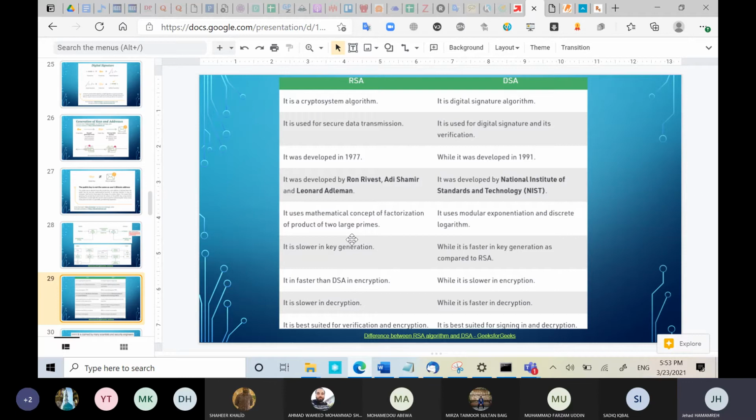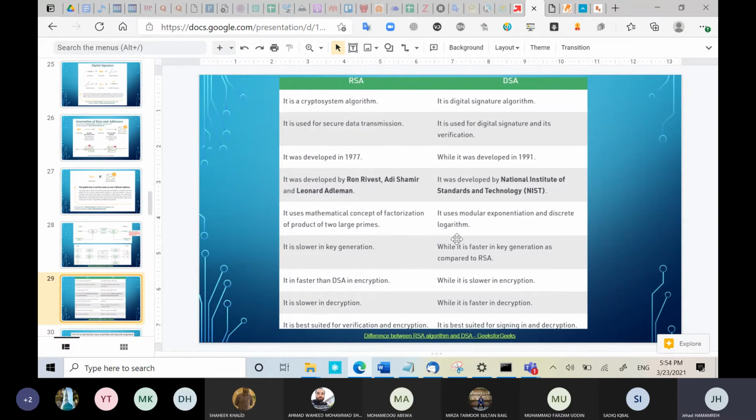RSA uses the mathematical concept of factorization of the product of two large primes. You select two large primes and try to factorize their product, which is known to be a very difficult problem in math. DSA uses modular exponentiation and discrete logarithm. RSA is very slow in key generation.